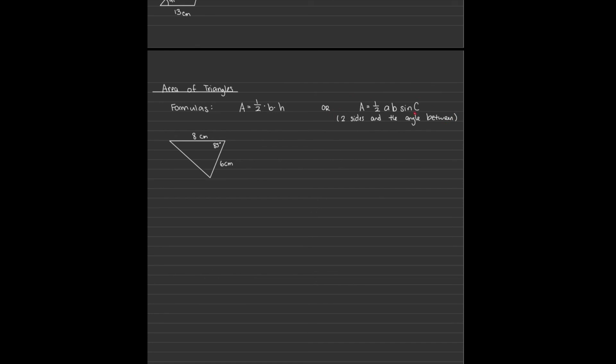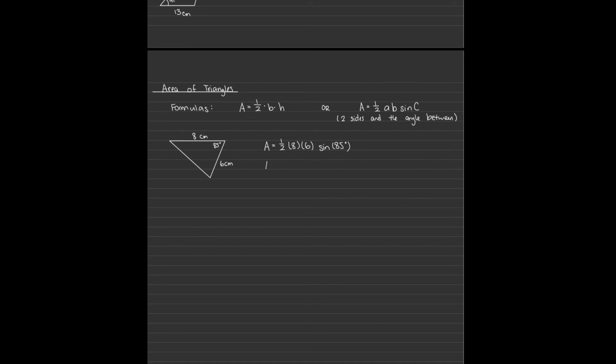Remember, the capital C is our angle. So the way we plug this in is 1/2 A and B. Again, that label doesn't matter, so just multiply the two sides, 8 times 6 times sine of 85 degrees.